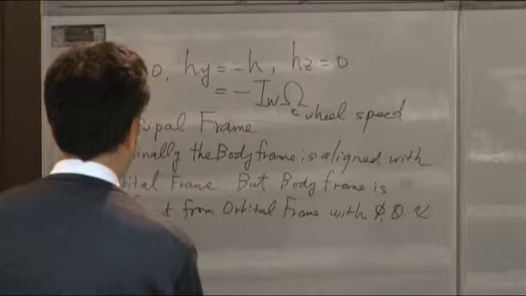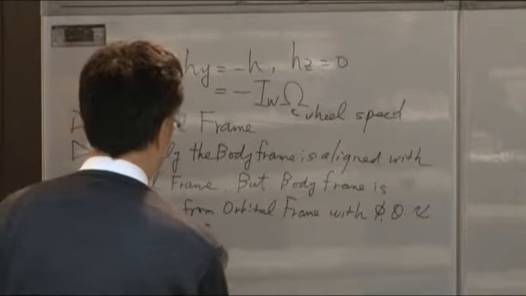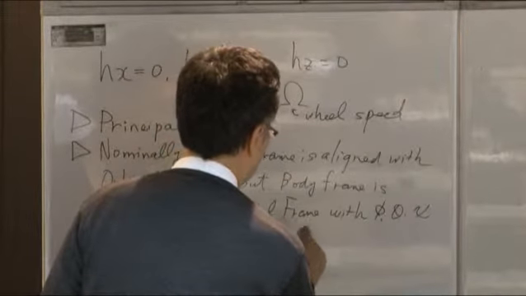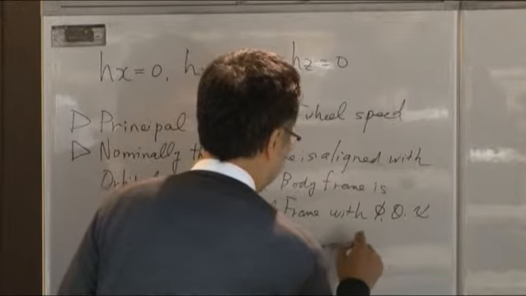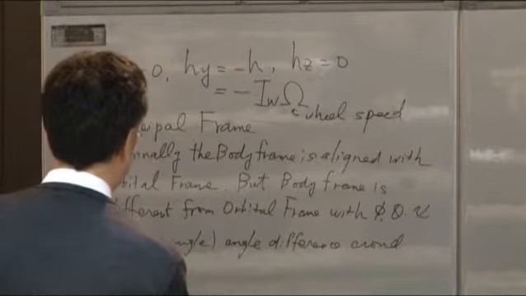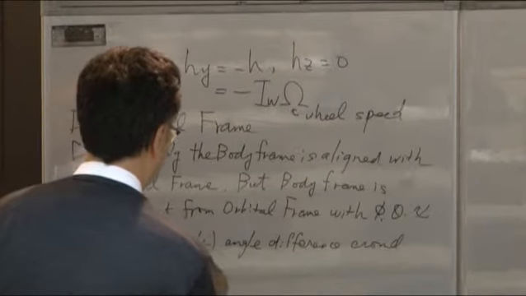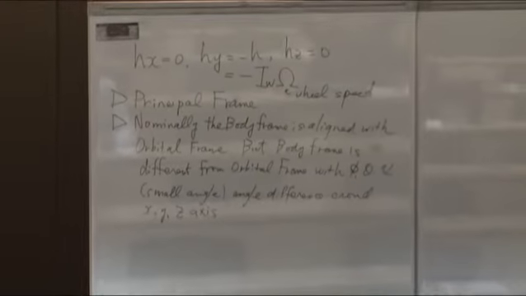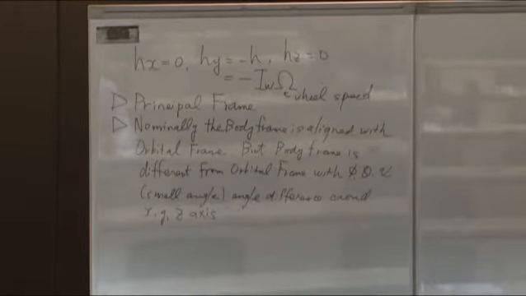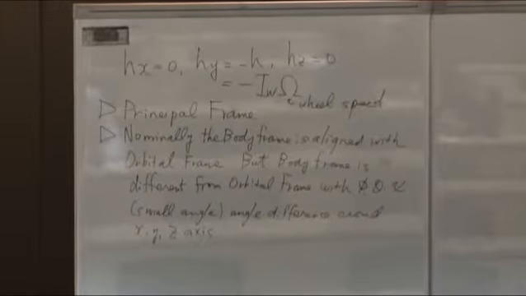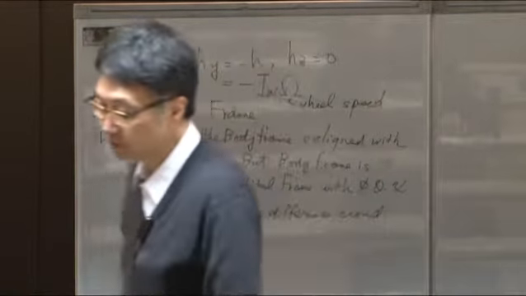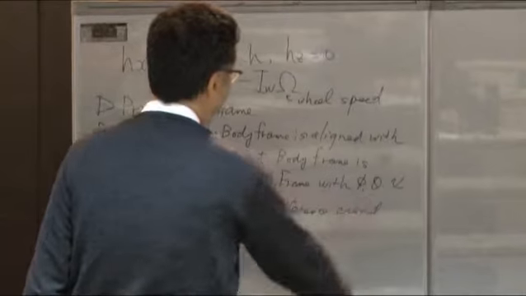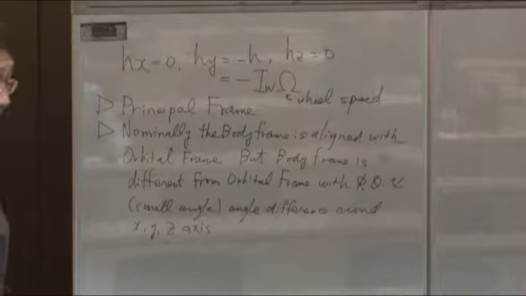This is a very small angle difference around the XYZ axes. This formulation is what I showed you when we discussed gravity gradient stabilization. The two frames are almost the same, but with a little difference, and this difference can be represented by phi, theta, psi around the XYZ axes.